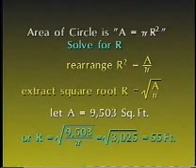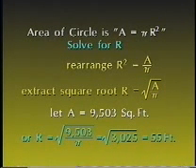Let's follow the solution on the graphic, keeping in mind to do the same thing to both sides of the equation. Area of a circle is a equals pi times radius squared. Solve for radius. Let a equal 9,503 square feet. Rearrange. R squared equals area divided by pi. Extract the square root. R equals the square root of area divided by pi.